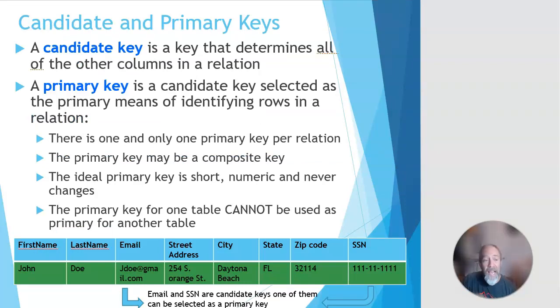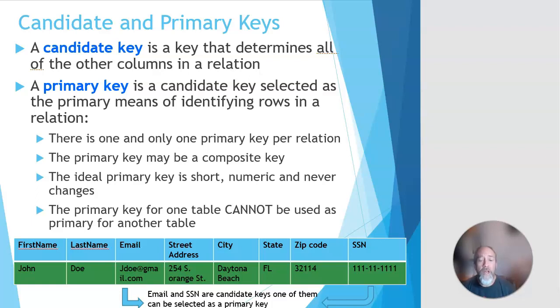Now, candidate keys. A candidate key can be, let's say, email. The email for this person should be unique, as should the social security number. Those are candidate keys because, being unique, they do determine the values of all the other columns in the row in the relation. However, you may not want to use those as your primary key.